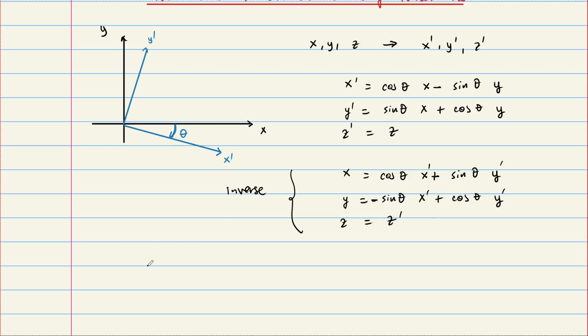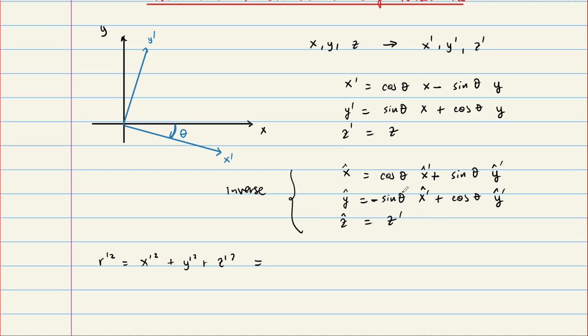So under this effect, we can immediately calculate, let me call it, r prime squared is equal to x prime squared plus y prime squared plus z prime squared. We can think about this to be like a unit vector, if you want.